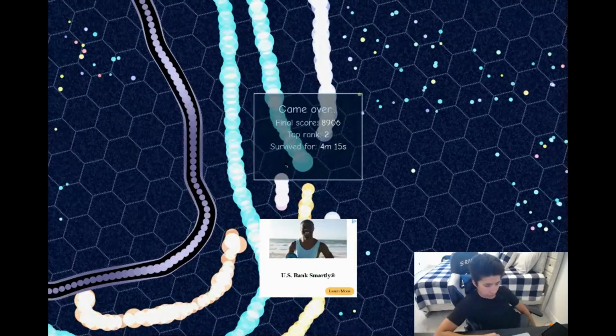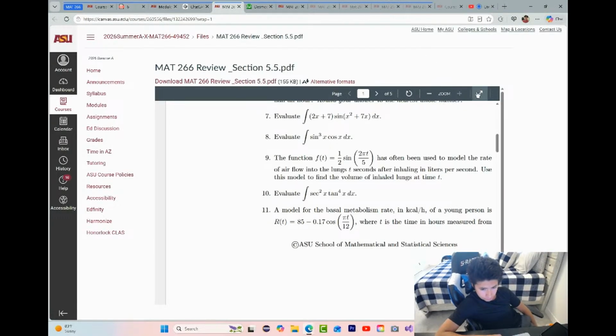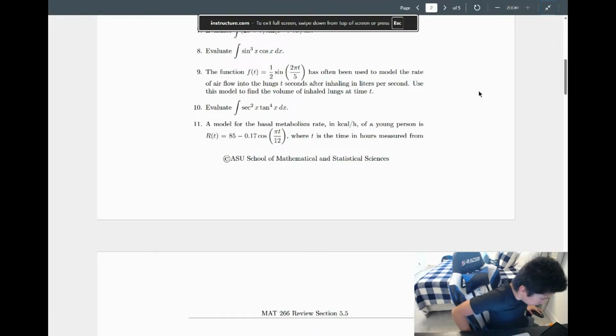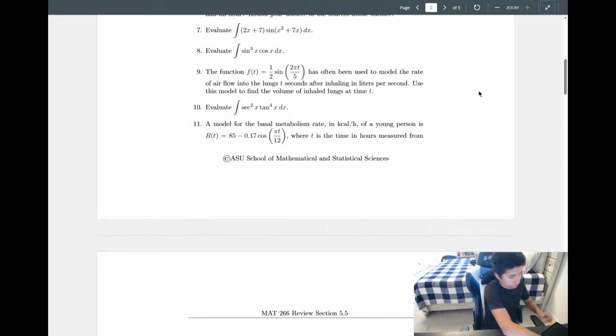Okay. Well, let's keep going. Perfect. So we have evaluate the integral secant squared x tangent to the power of 4x dx.